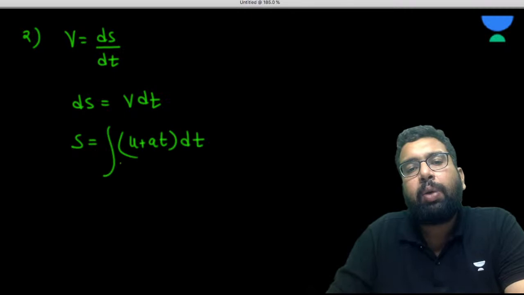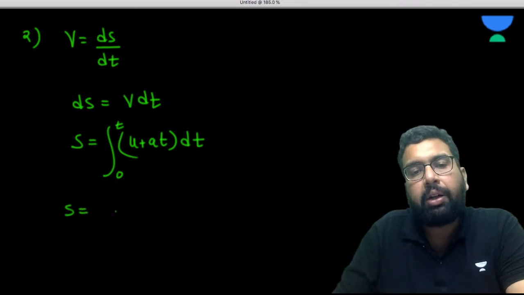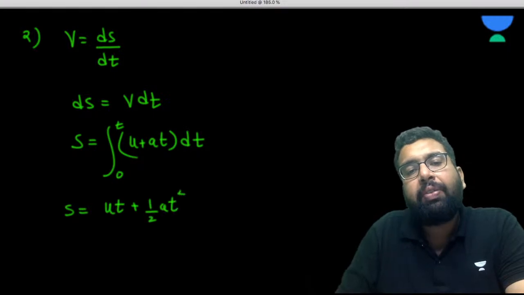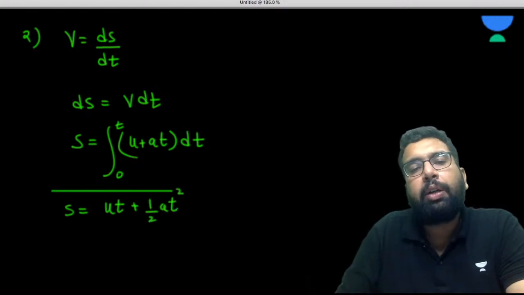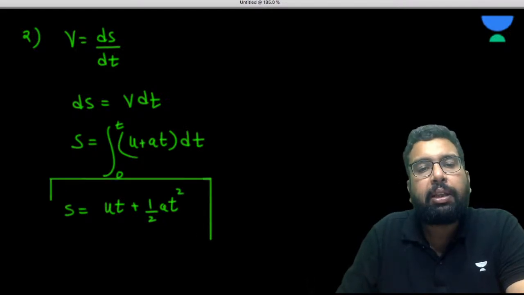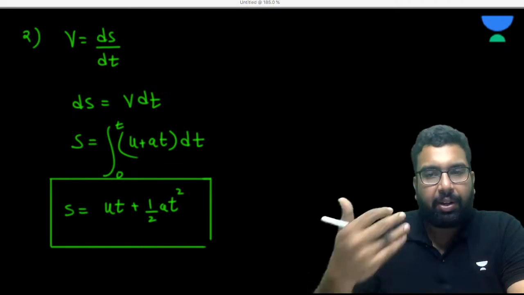Now I integrate between 0 to t. When I integrate, I get ut plus half at square. Since we are putting limits, there is no need for the constant of integration. So this is your famous second equation of motion. Very, very simple.